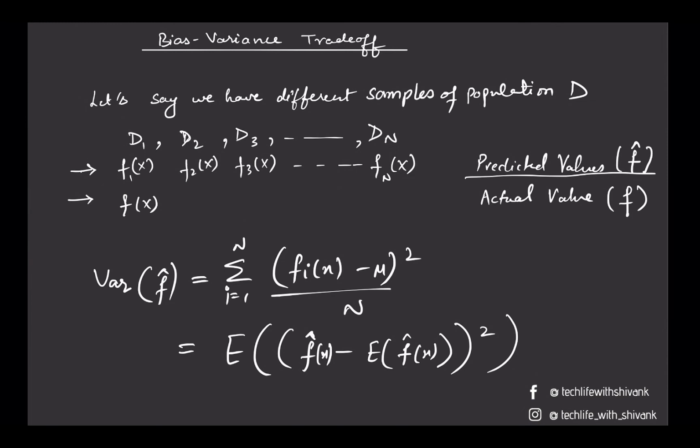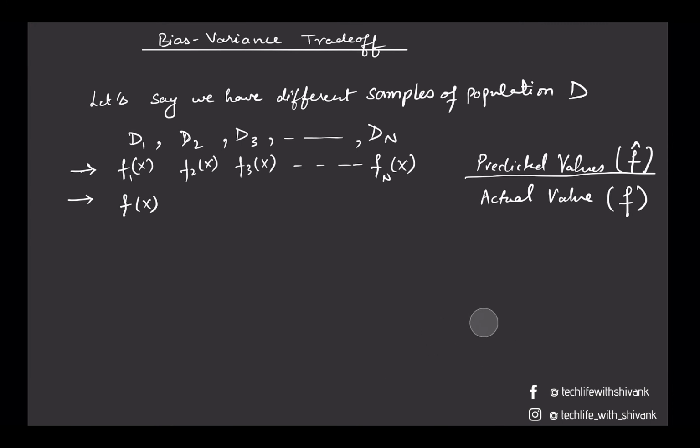Now let's see how we can split the average squared error in terms of bias and variance. So the average squared error, or we can say expected value of squared error, is the expected error we can get from our predicted model if we train it on different datasets, different samples of the complete dataset.